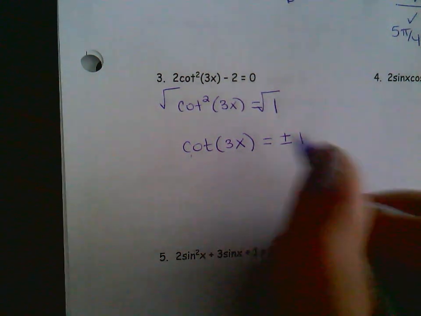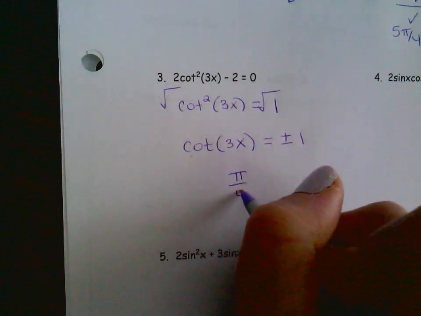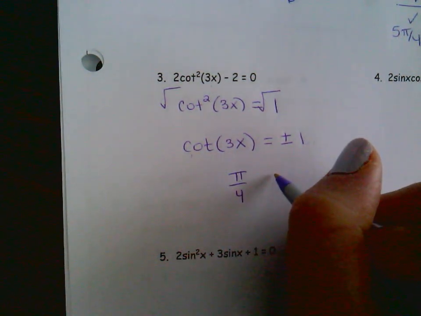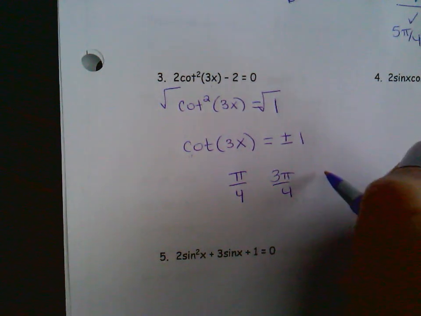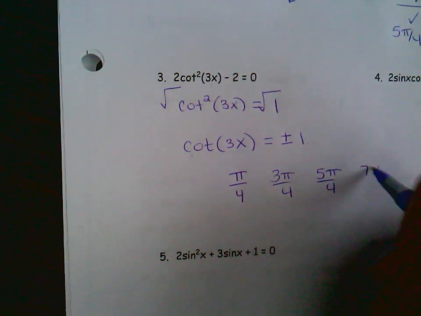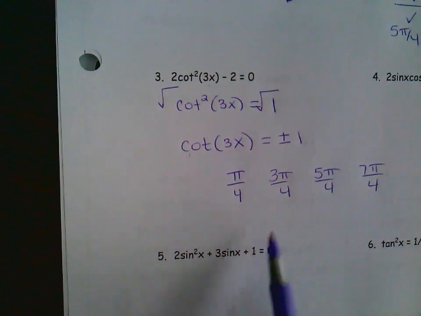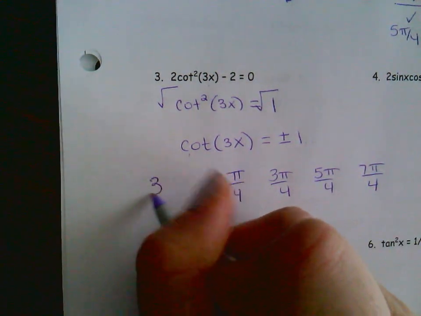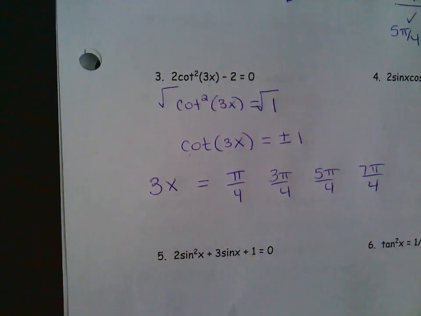So my first step is I'm going to write down those 45-degree reference angles. 5 pi over 4 and 7 pi over 4. That's between 0 and 2 pi, but 3 x's are equal to those possible answers. I need to solve for just x.